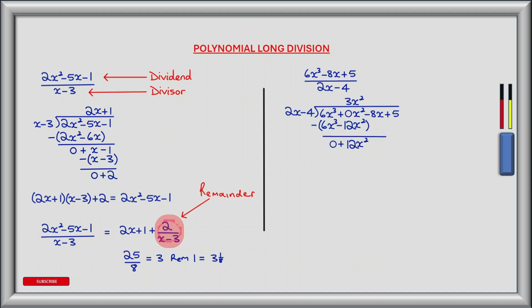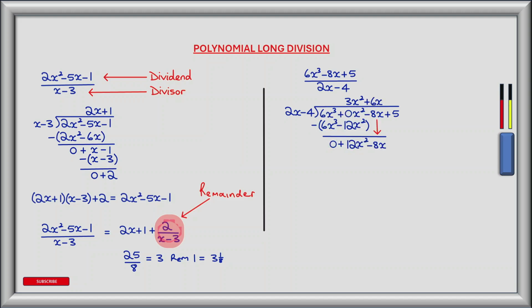Subtracting 6x cubed minus 12x squared from 6x cubed plus 0x squared, we have 6x cubed minus 6x cubed gives us 0, and 0x squared minus minus 12x squared gives us plus 12x squared.